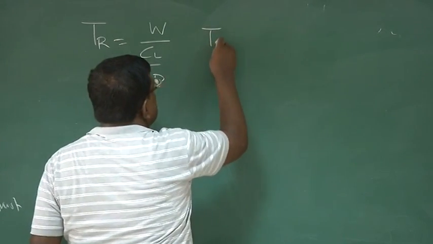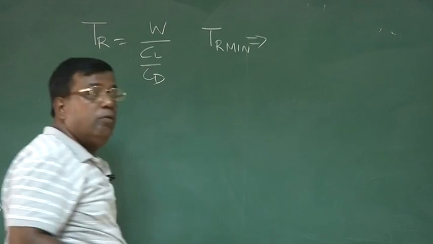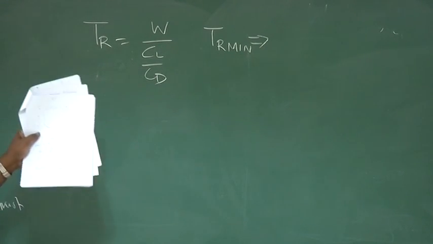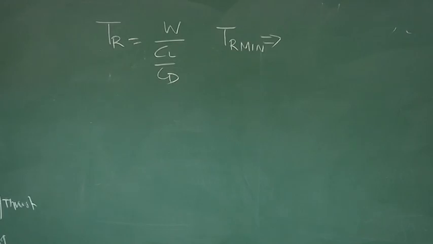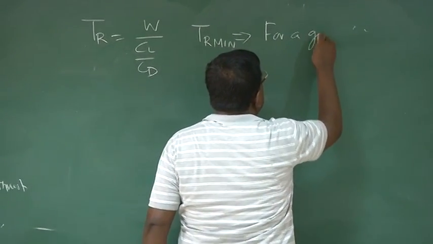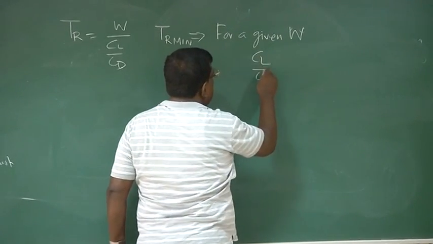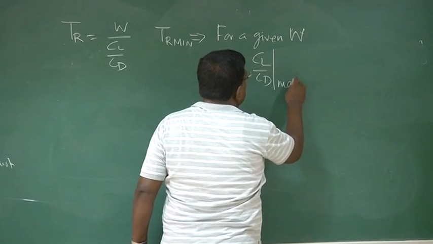One thing is very clear to us: if I want to have thrust required minimum, this implies for a given weight W, CL by CD should be maximum.